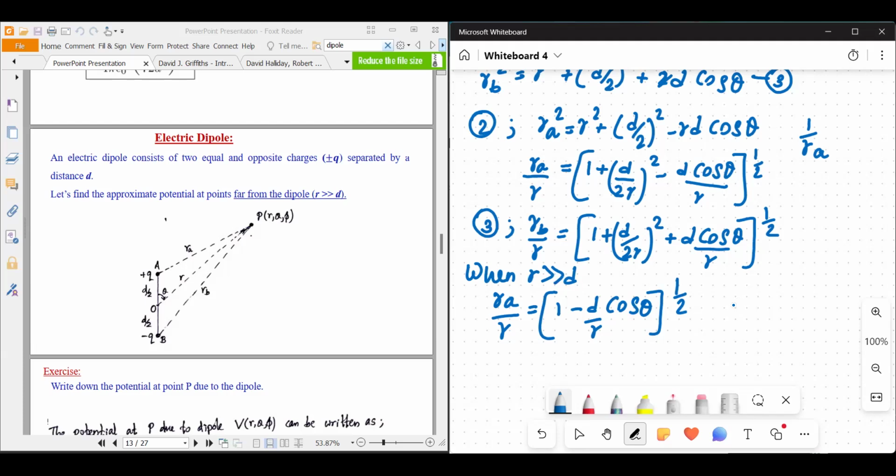Then, 1 over RA, so I'll say R over RA is equal to (1 minus D over R cos theta) to the power minus half.